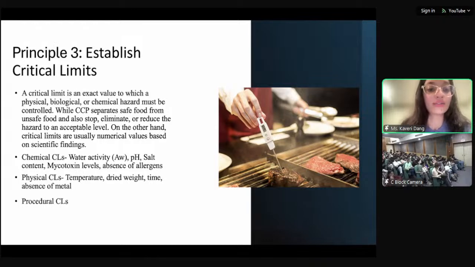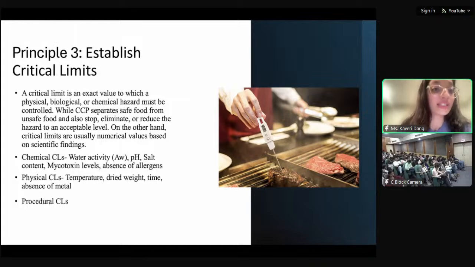Let's say pH: according to our food product, about 3 to 4 pH is our critical limit, 3.5 is our critical limit, and we cannot be okay with a manufacturing facility where the pH is above 4.5. So we have established our critical limit in that chemical critical limit.